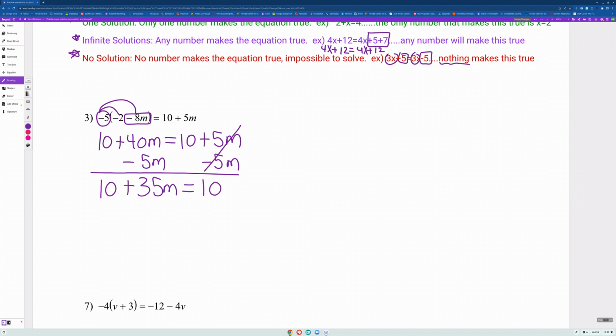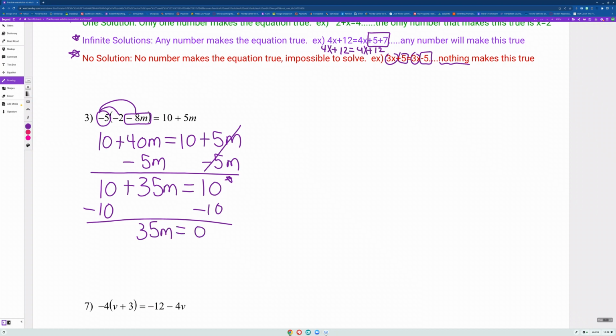So now what I have to do is find out how to get rid of my 10. I can't move this one because if I do, then there's going to be nothing on that side of my equal sign. So what I'm going to do is move my other 10. Now I'm going to get 35m is equal to 0.